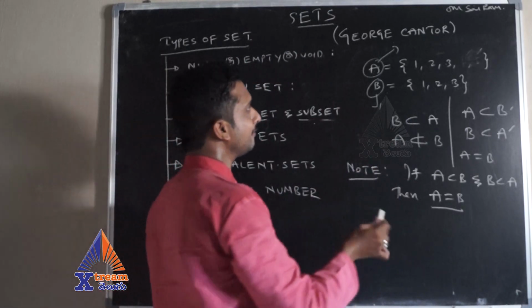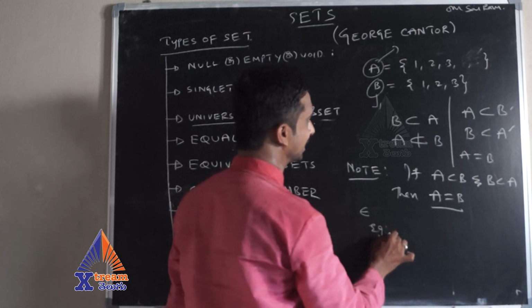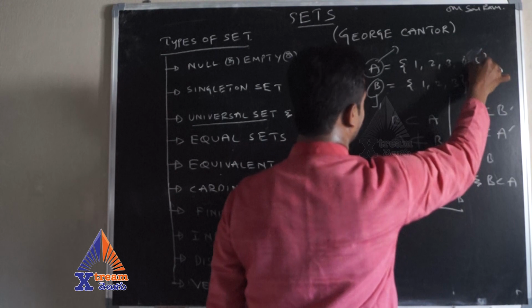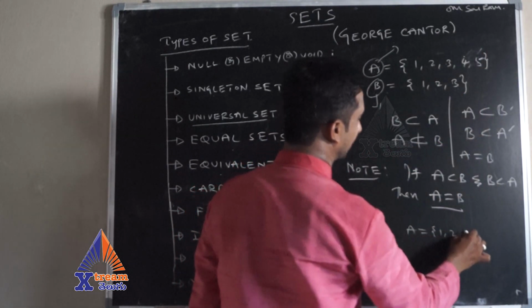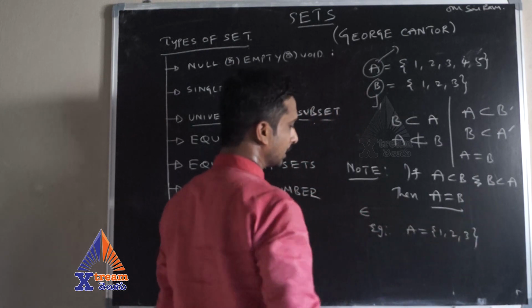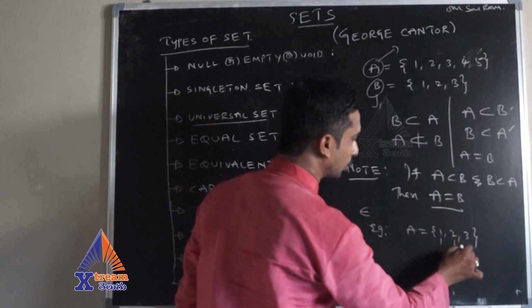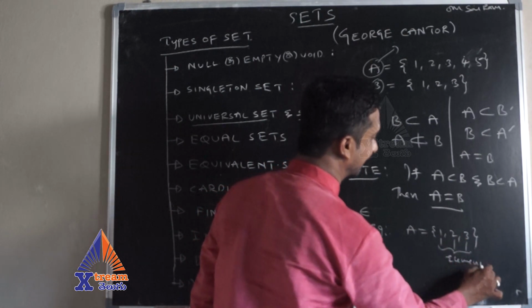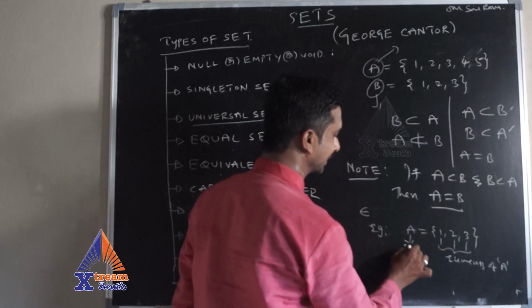Next, when we have to apply the belongs to symbol, for that also I'll take the same example. A is equal to {1, 2, 3}. Now here 1, 2 and 3, all these three are nothing but elements of the set A, and A is a set.